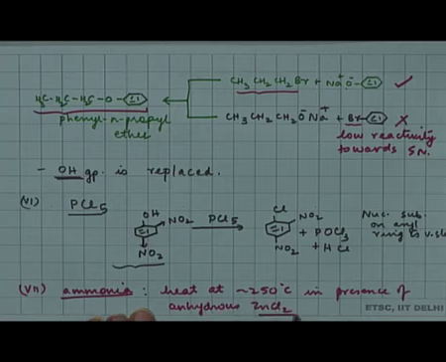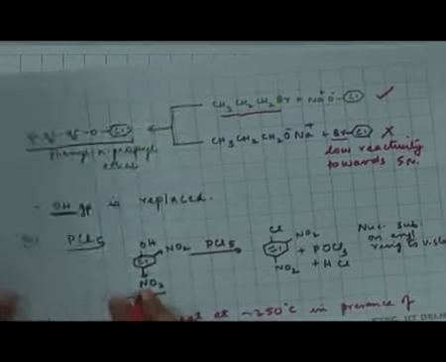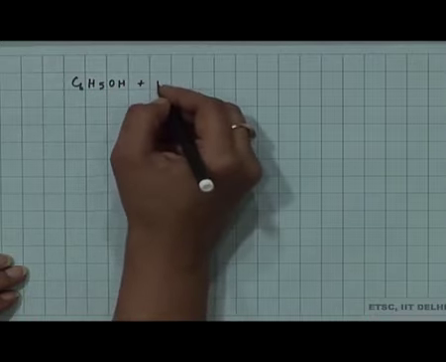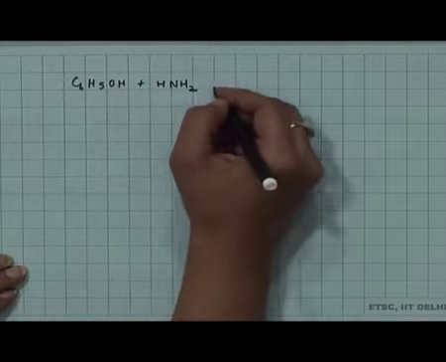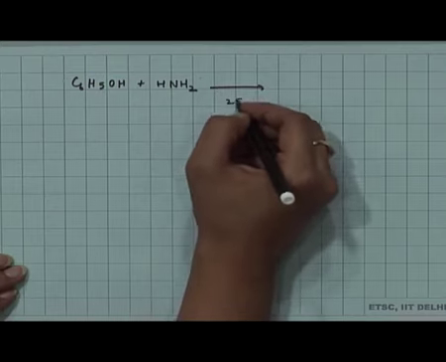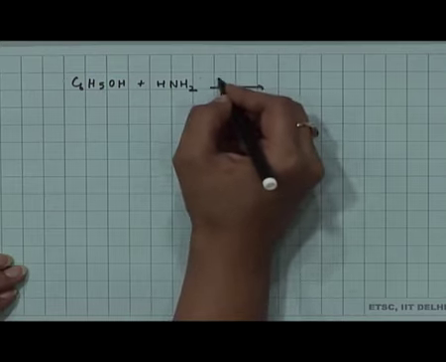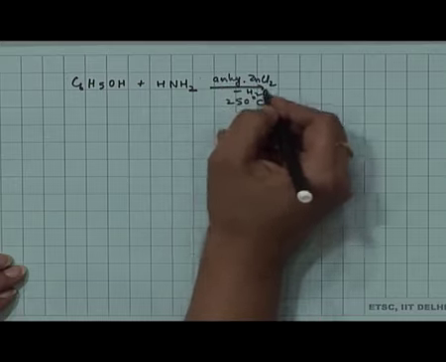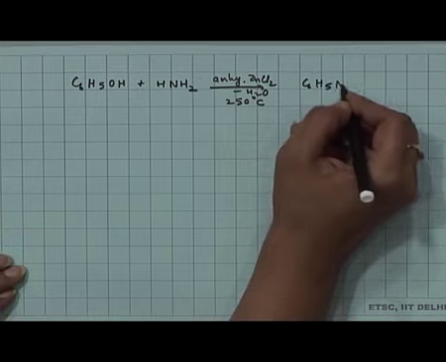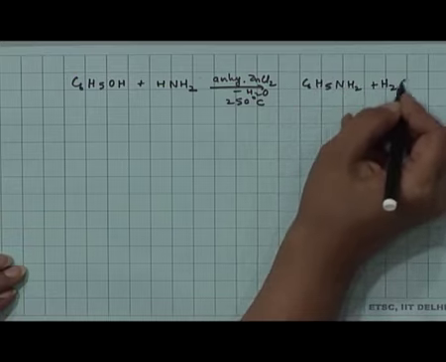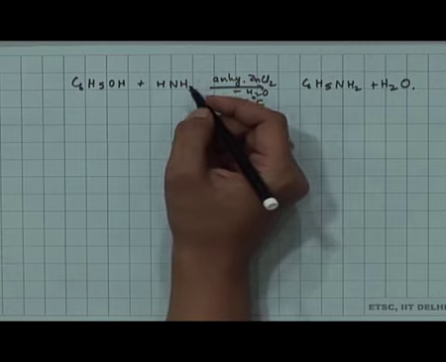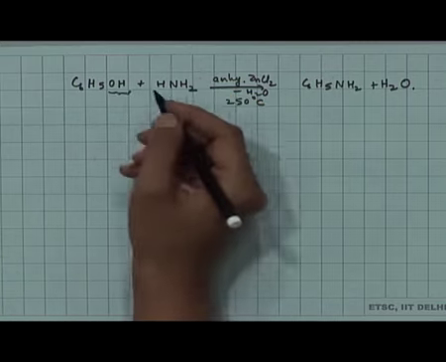This is the reaction with another nucleophile, that is ammonia. You react the phenol with ammonia at about 250 degrees centigrade in the presence of anhydrous zinc chloride to give you aryl amines as the product. However, the OH substitution is more facile in alcohols as compared to that in phenols.